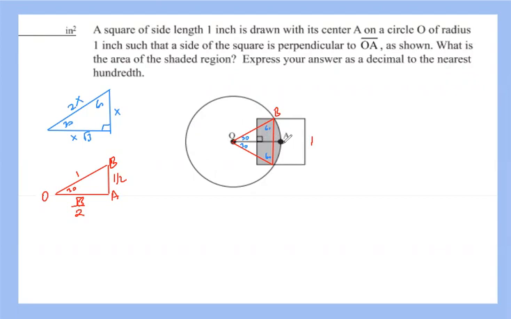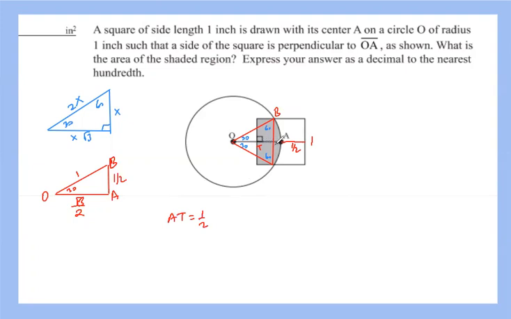And I do know this was my center of the square, which means if I want to extend this guy right here, this piece and this piece have to be the same. So that will be 1/2, and the other piece right here is going to be 1/2 as well. So let me name this T. So AT is also 1/2. But we want to find this piece.